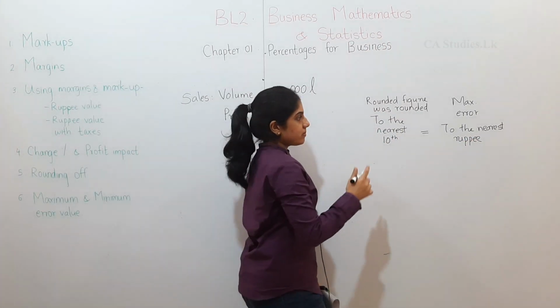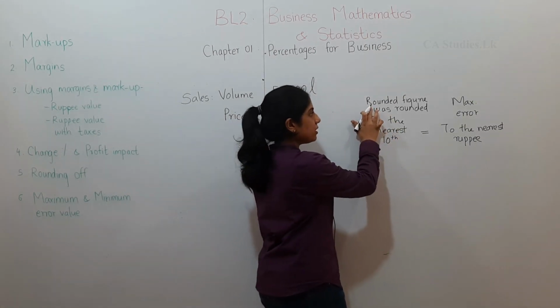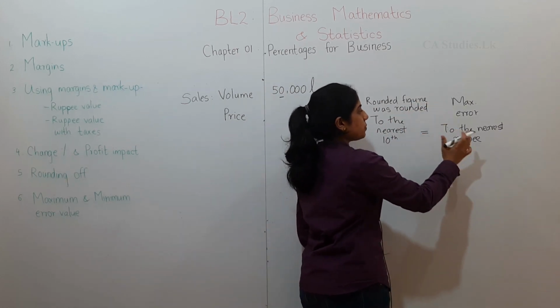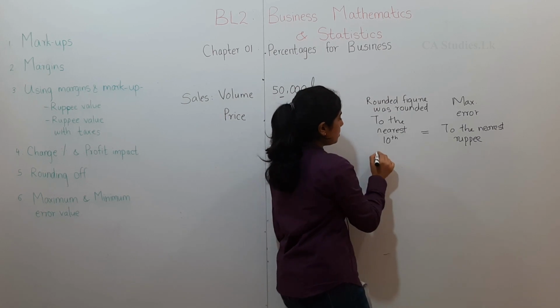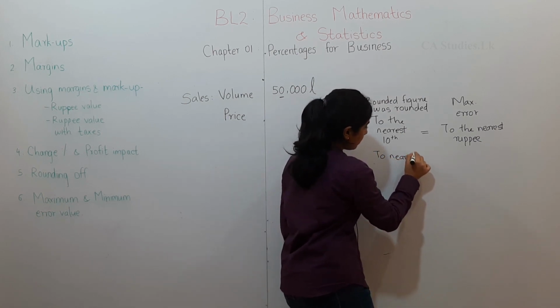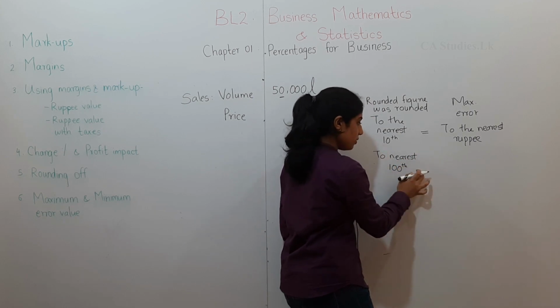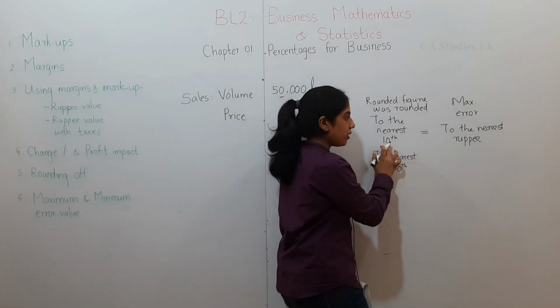That's a rule. Memorize it. If the rounded figure was to the nearest tenth, your error must be expressed to the nearest rupee. If it was to the nearest 100, then guess what should be the maximum error? One below. What is one below? 10th, right?